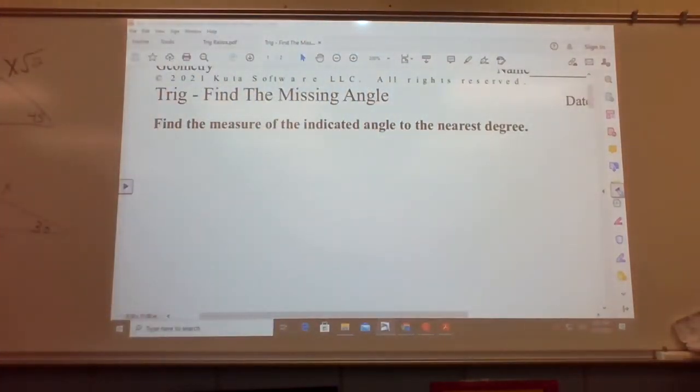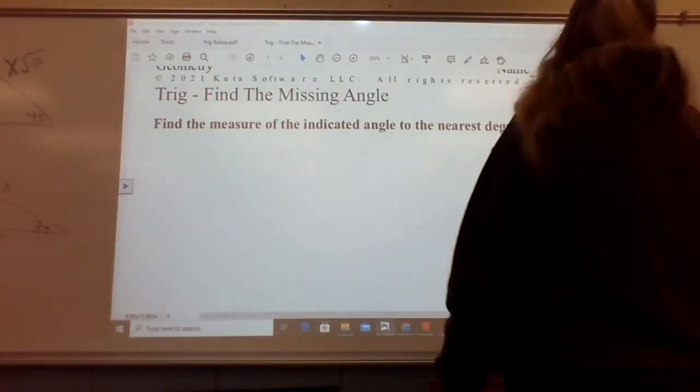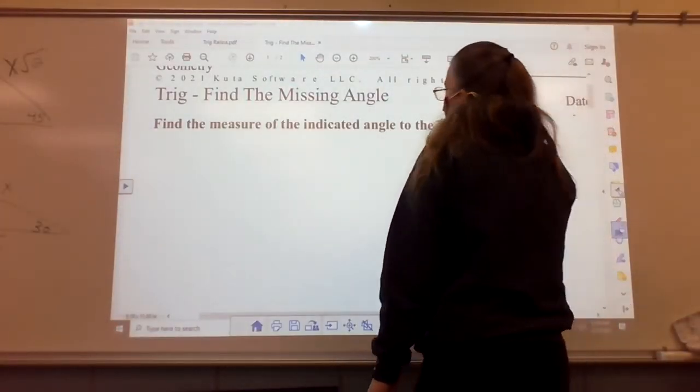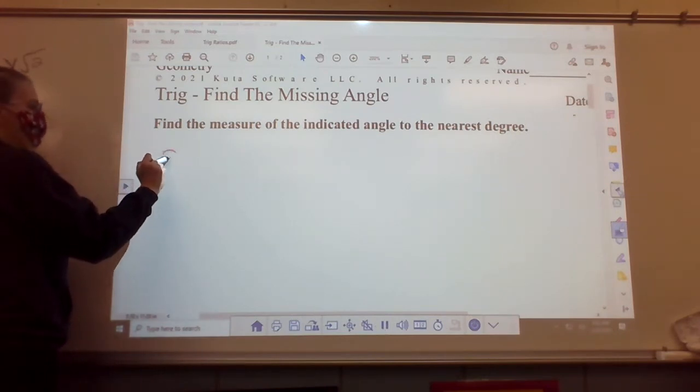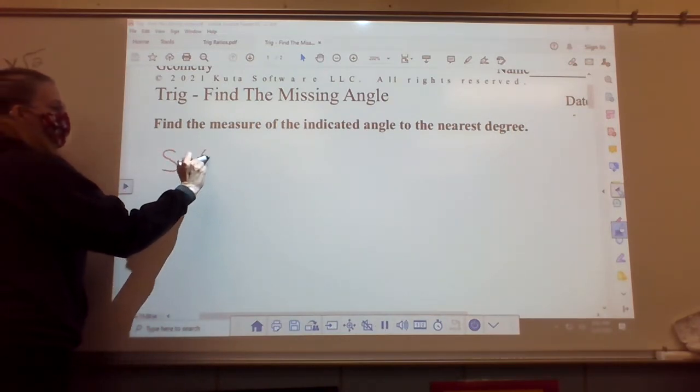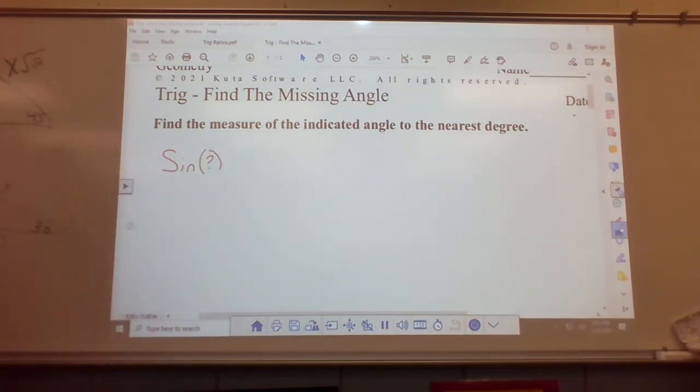On the first worksheet, we weren't really solving for anything. You're just trying to understand some relationships. Now we're going to use those relationships to solve for a missing angle. So I'm just going to put those relationships back up here again, just so you've got them on this page also. The only difference is you'll notice when you look through the paper, there's some question marks. So the sine of the question mark, because when you're talking about the sine of something, you're looking at a degree, an angle.